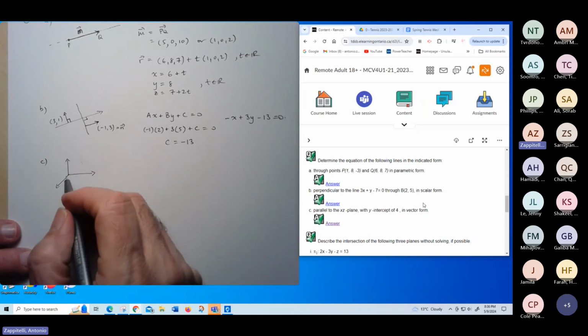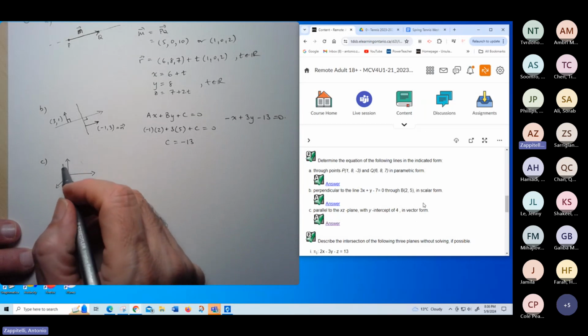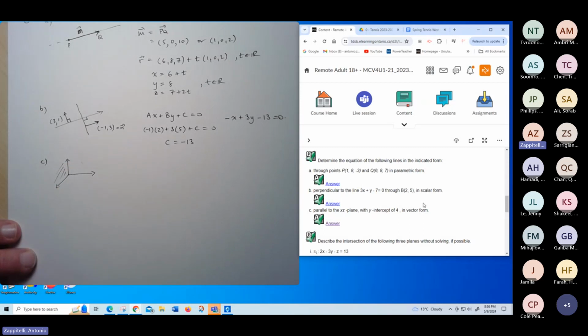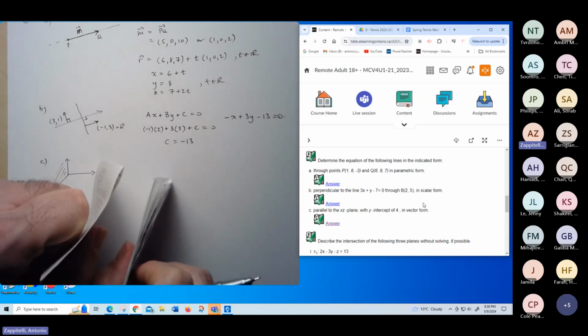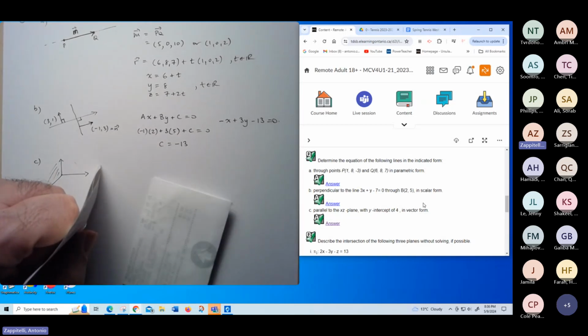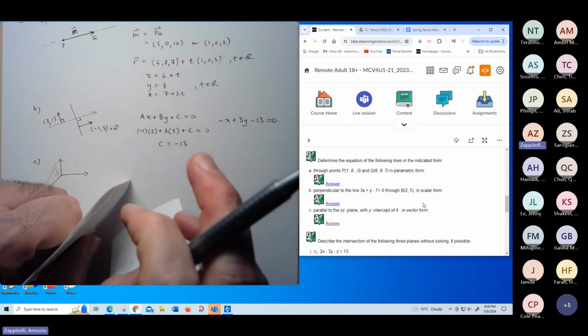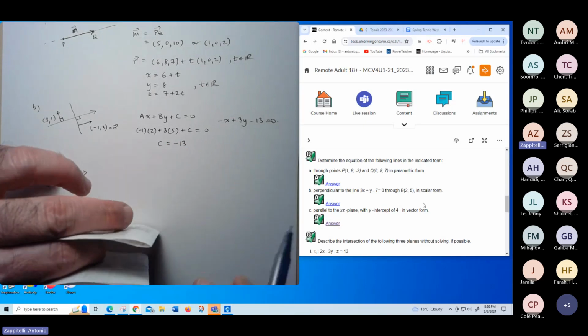So any basis vectors that work for the XZ plane are going to work for the vector for the plane that I'm looking for. Because if I have two parallel planes, any vector on one plane is also going to be a vector on the other. So let's try to make them parallel.